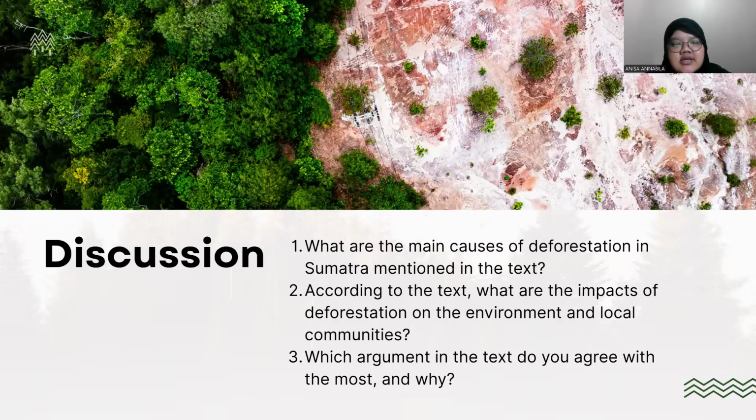Okay, next is the discussion. I give this discussion part, with three questions for your critical literacy, your critical thinking about that. It's not only that you just read it or say it, but also think about it critically. What are the main causes of deforestation in Sumatra mentioned in the text?